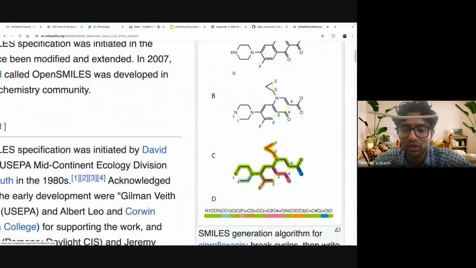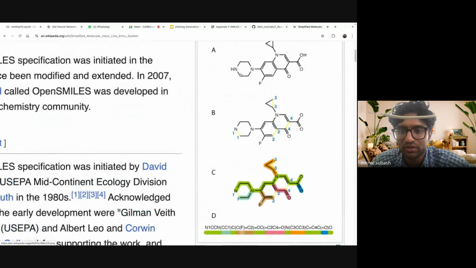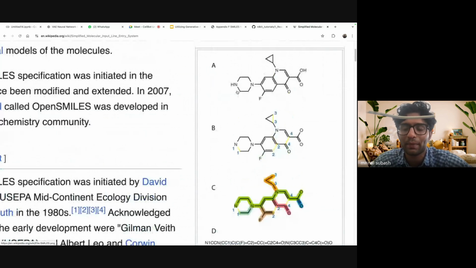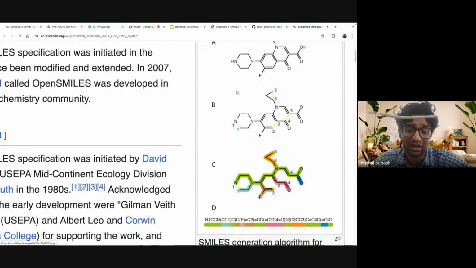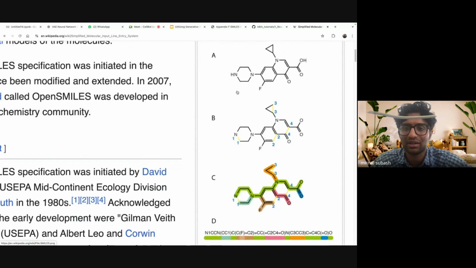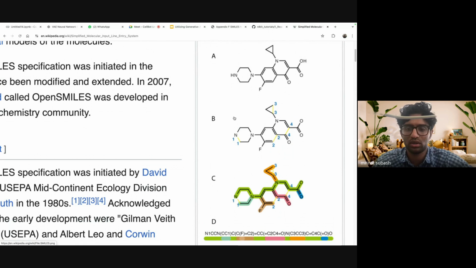So we will not see a hydrogen atom in SMILES architecture, because scientists have created SMILES in such a way. So you can see N1, then C, then N, then it is attached to C1.